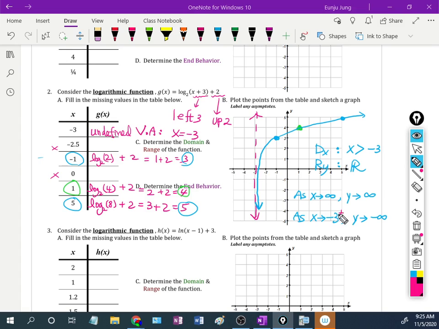We will use that notation in the future. Don't worry about it if it confuses you, okay? But you need to know that when x goes to negative 3 from the domain, y goes down, down, down. So be careful when you graph with the calculator, okay?